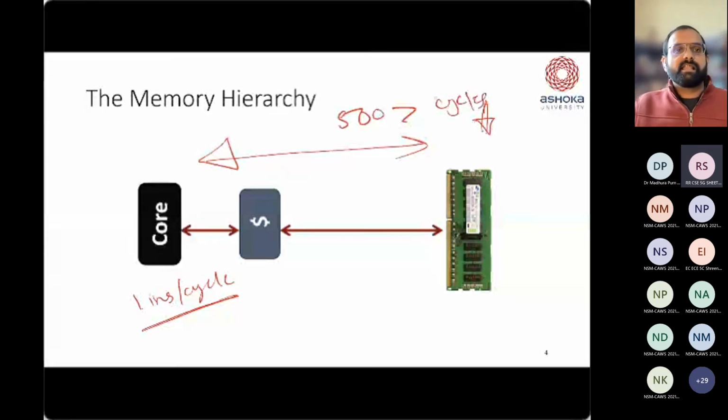So if that is the case, then your memory system becomes the bottleneck in terms of overall program execution time. Imagine you had to go to memory to fetch one instruction, a 32-bit or 64-bit instruction, and it takes 500 cycles to get that instruction as well as the data associated with it, and then a cycle to execute it.